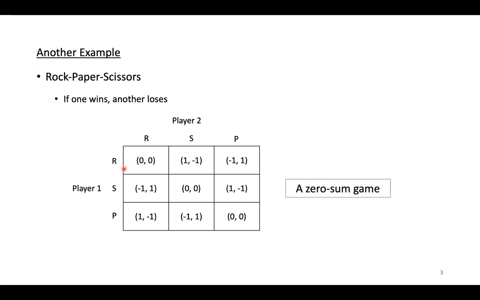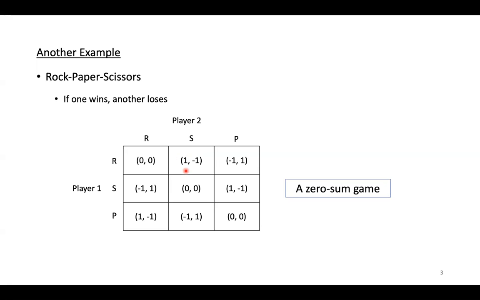Similarly, if player 1 chooses rock and player 2 chooses paper, then player 2 wins with 1 and player 1 loses with -1. You can populate all the 9 cells of this matrix in this way. And if you add the payoffs of both players for a given outcome, you'll get 0, which is why we call it a zero-sum game.